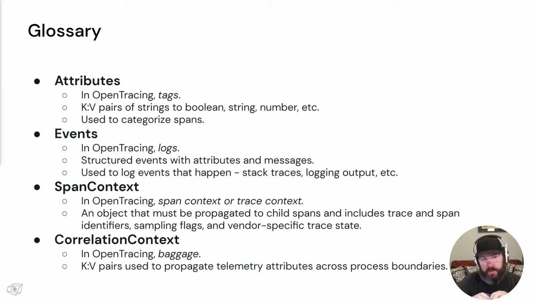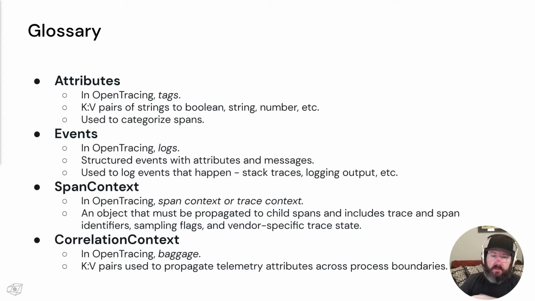And spans have a couple of properties, I should say, to distinguish it from attributes. All spans have attributes, and these are key value pairs, where the key is a string, the value can be a Boolean, a string, or a number. And this is what you use to categorize, filter, search, sort your traces at the end of the day.